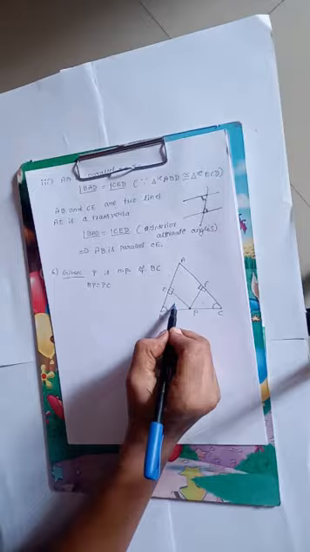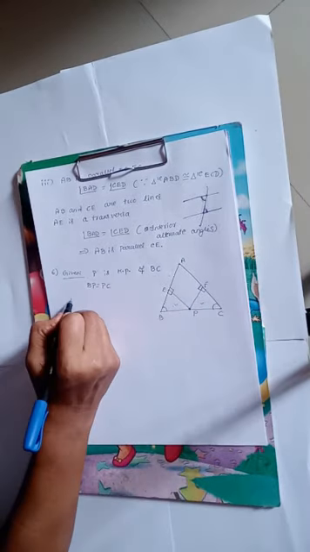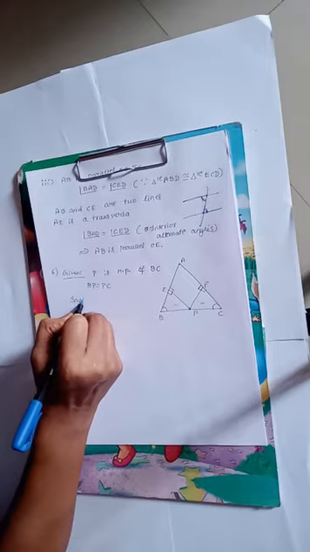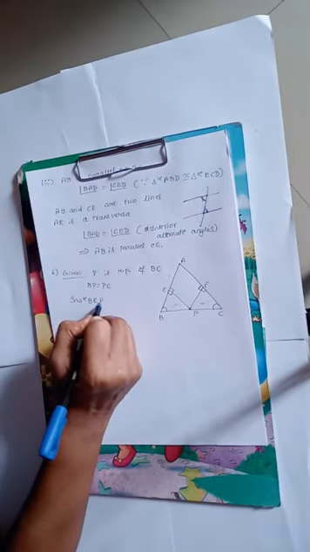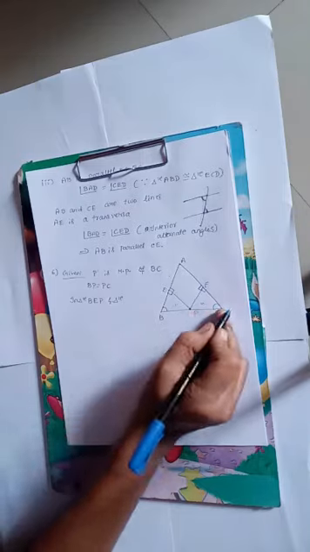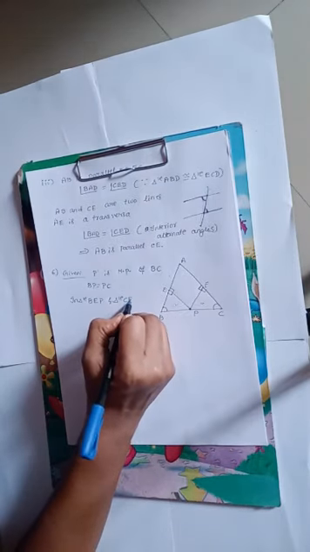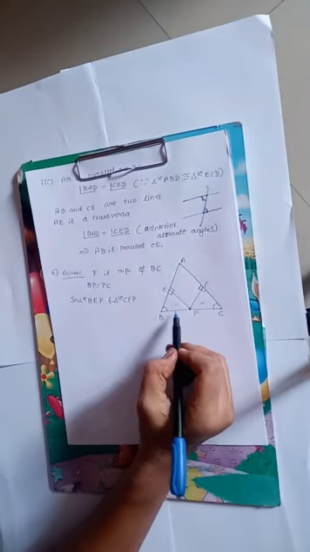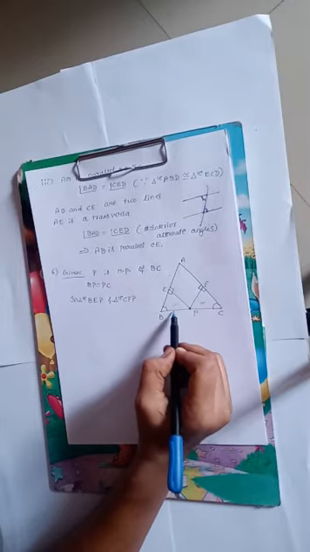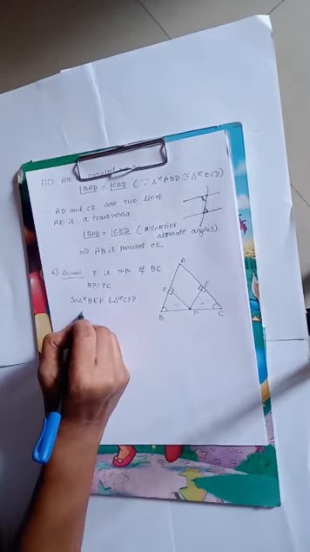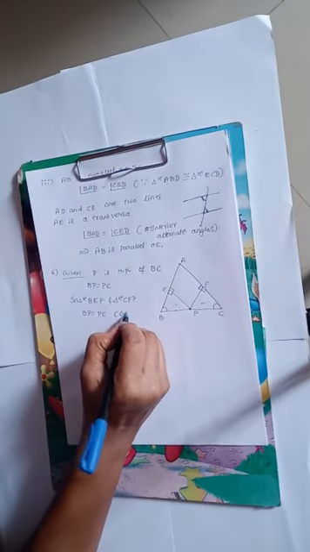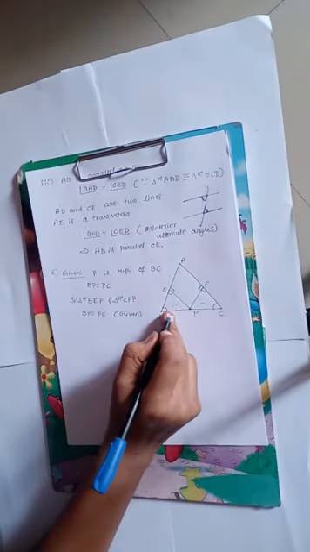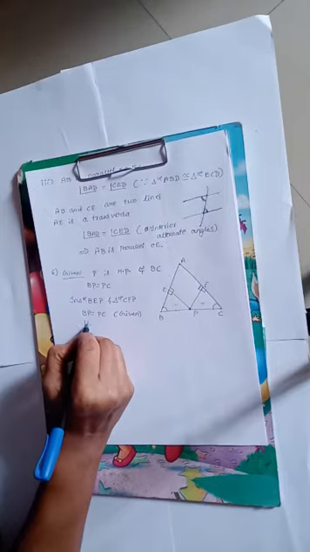Now let's take these two triangles to prove. In triangle BEP and triangle CFP, whatever the corresponding angles and sides are equal: BP is equal to PC because it is given, and angle B is equal to angle C, also given.